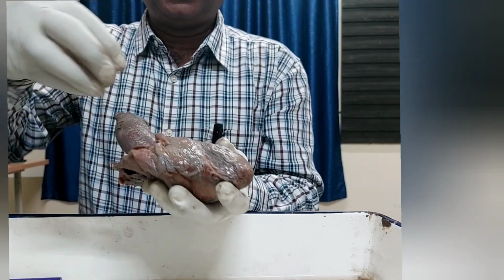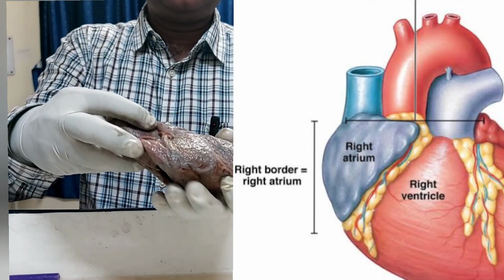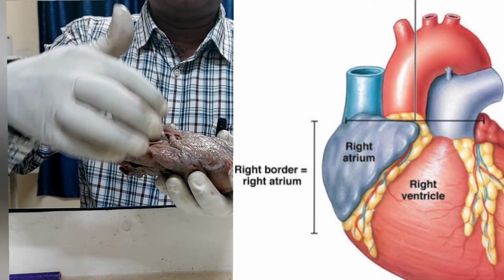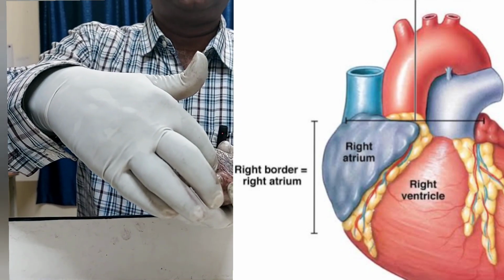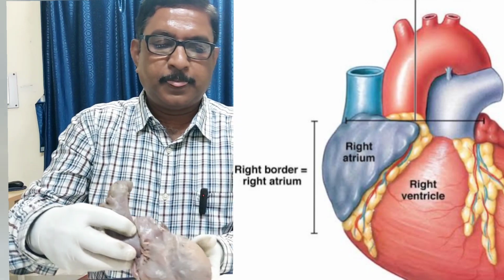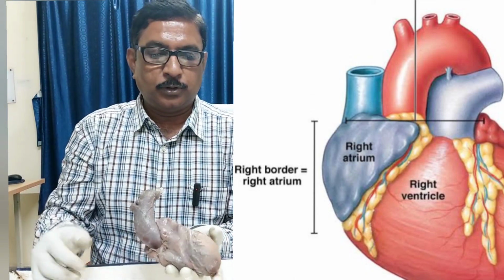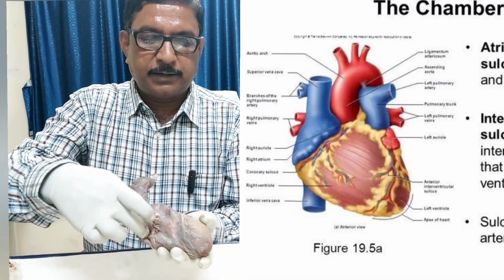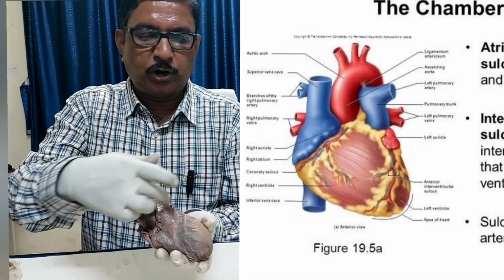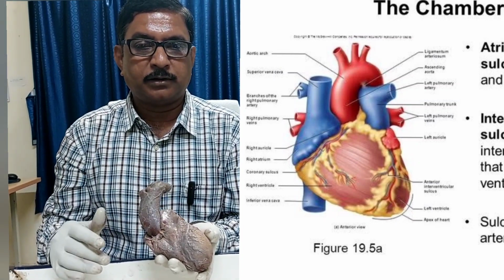And between the atrium and ventricle, there is a groove called the atrioventricular groove. Between the right atrium and right ventricle, atrioventricular groove. Between the left atrium and left ventricle, also called atrioventricular groove. But in the middle part, this atrioventricular groove is not visible because of the root of the pulmonary trunk.